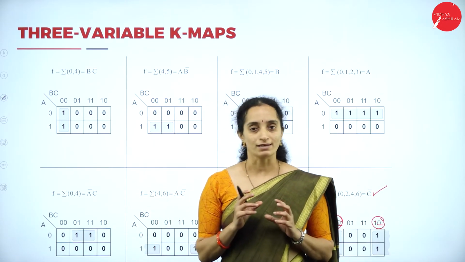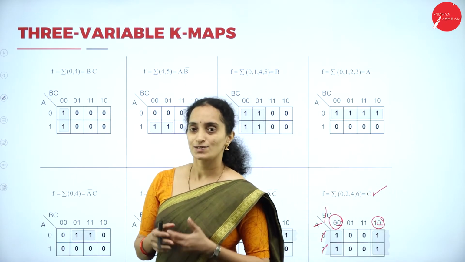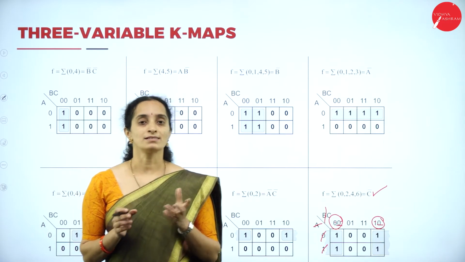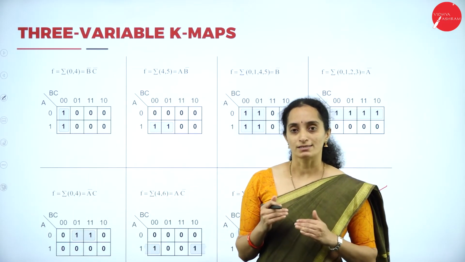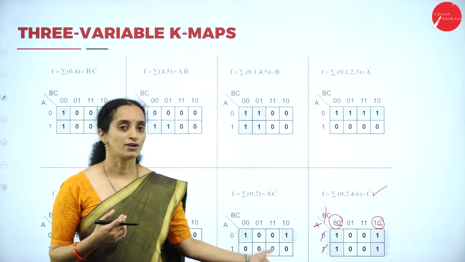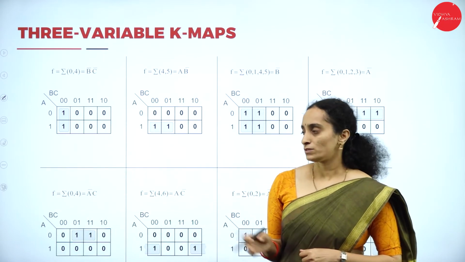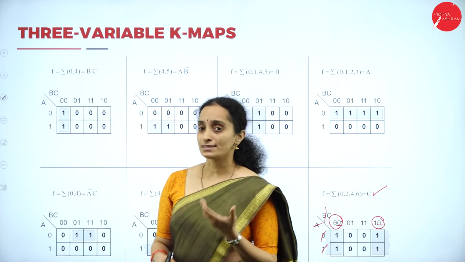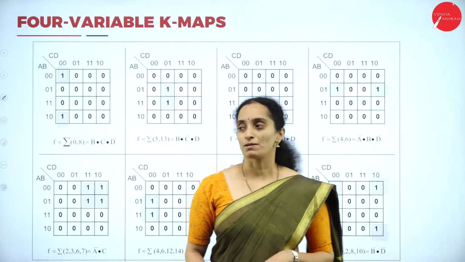Alright, you can try with some more combinations with all the 8s or some of the ones. You can check with so many examples and you can simplify using the K-map, if you have 3 variable mapping. We know about the 3 variable mapping. Let's take some more examples with 4 variable mapping.